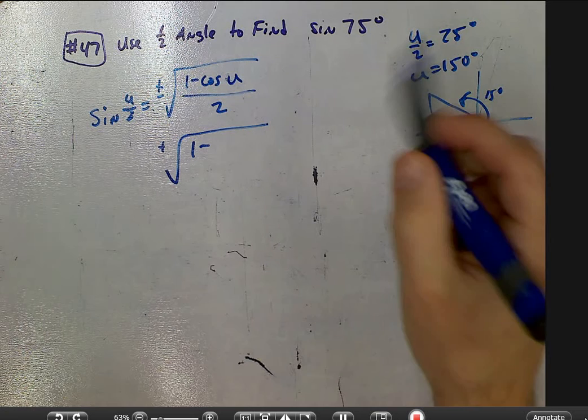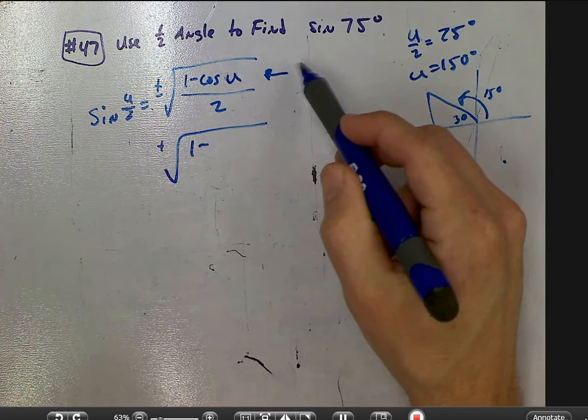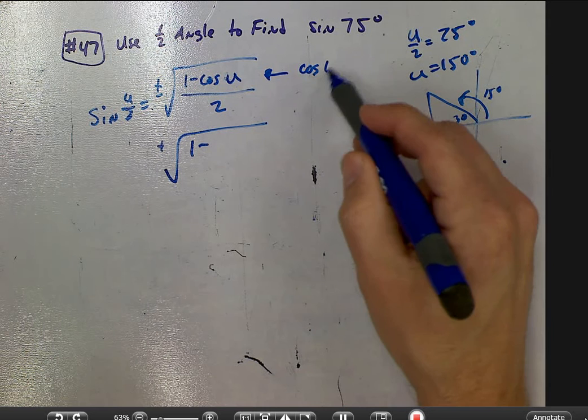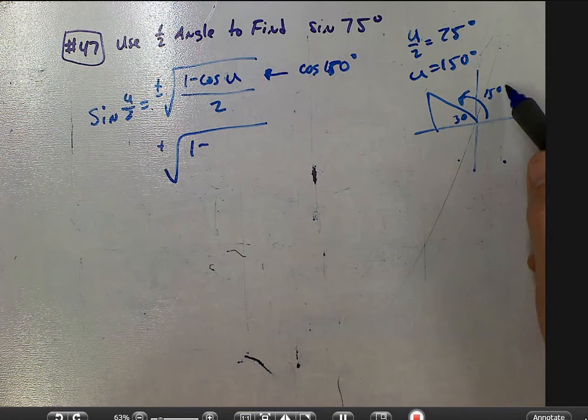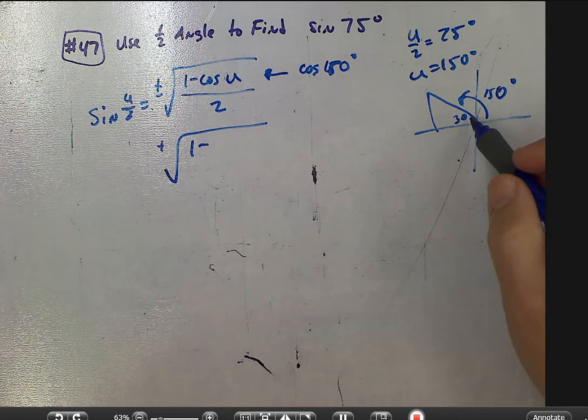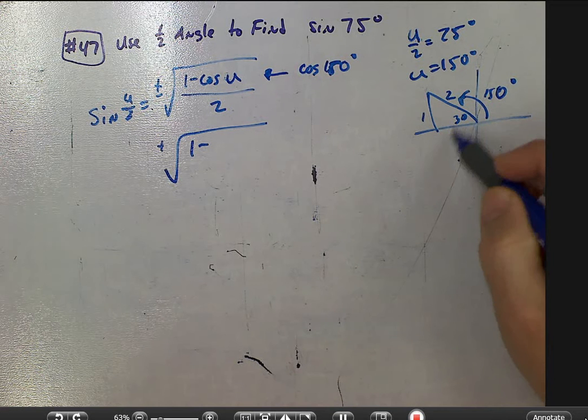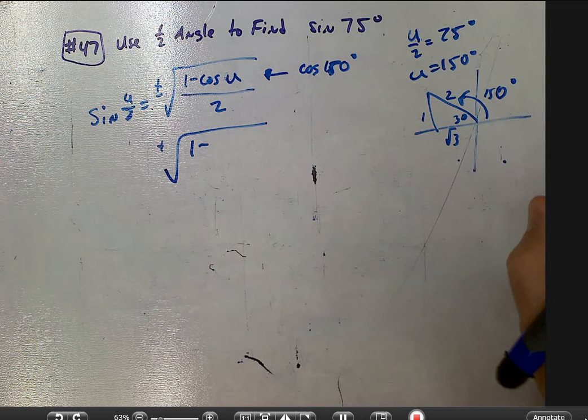So we're looking for, in this situation, the cosine of 150 degrees. The cosine of 150 turned out to be, there's 1, there's 2, there's square root 3, square root of 3 over 2.